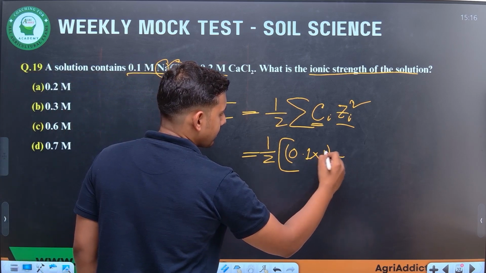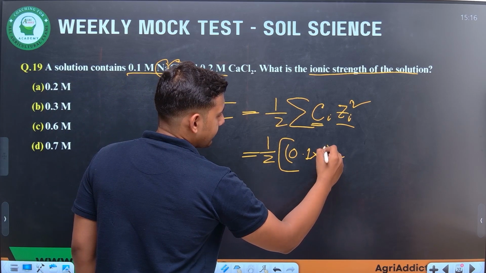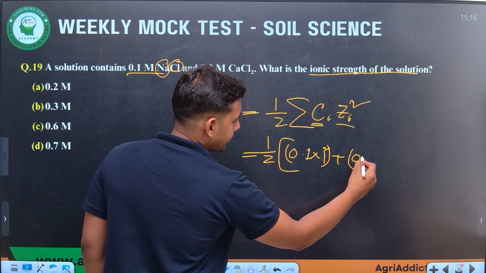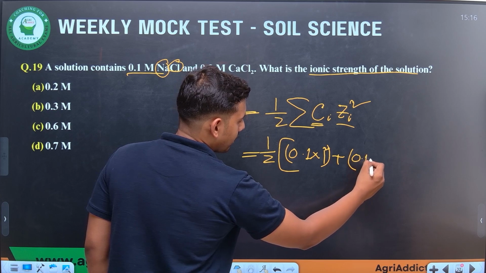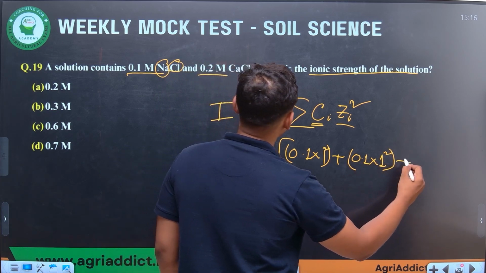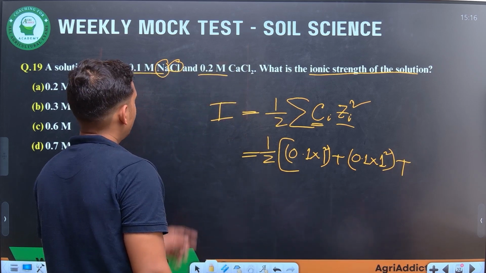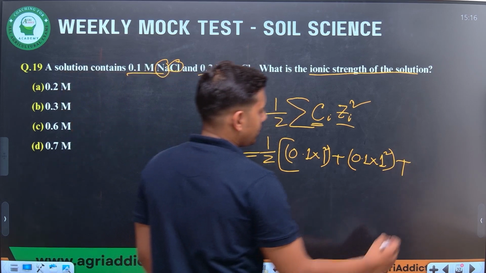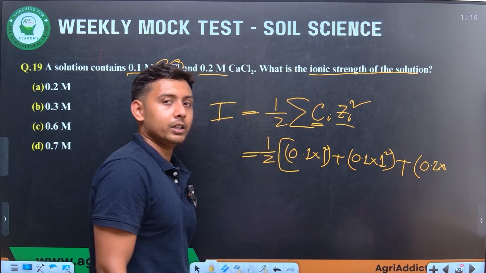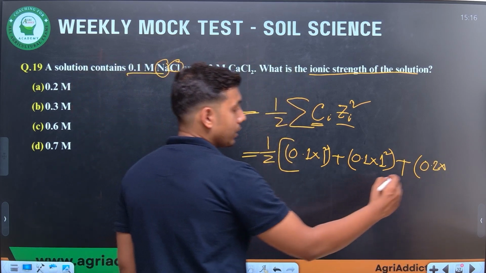So plus, this is squared. Then calcium chloride: what is the strength? 0.2, into the valency of calcium, which is plus 2, squared.